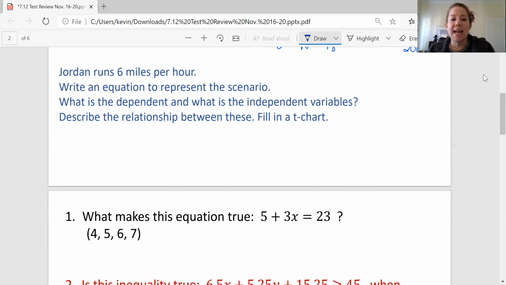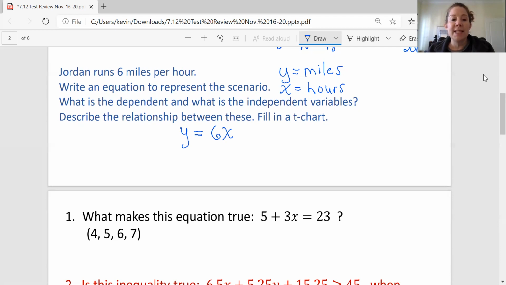So we can say y equals the total number of miles. We could let x represent the total number of hours. So those are our variables. Now we can write an equation. The number of miles is equal to 6 times the number of hours.